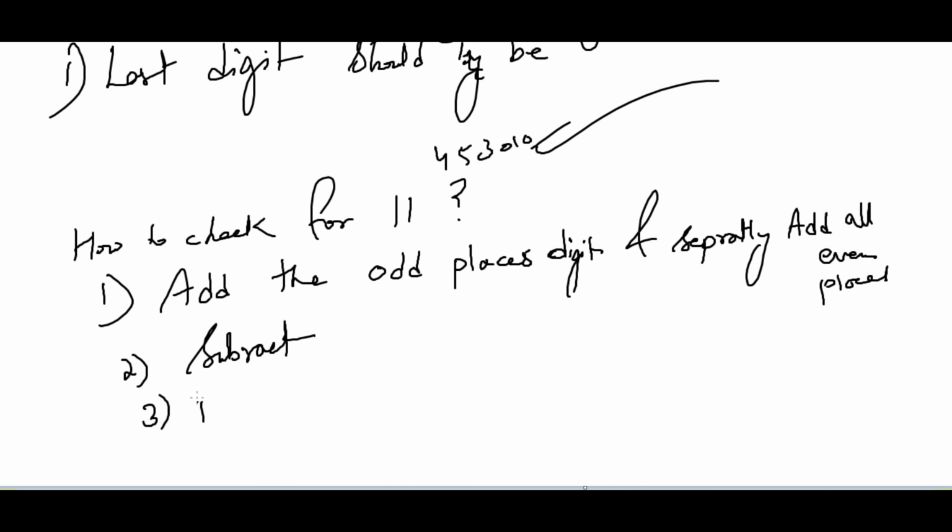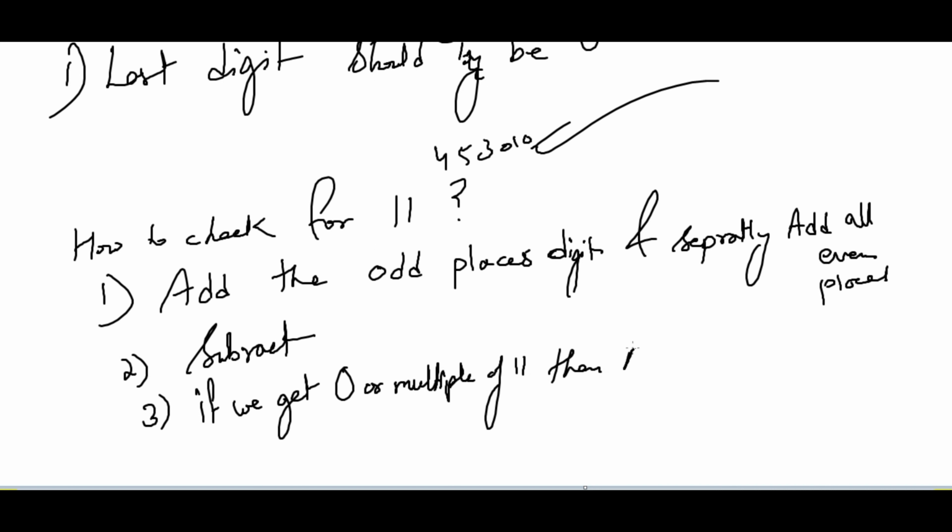If we get 0 or a multiple of 11, then the number is divisible by 11.